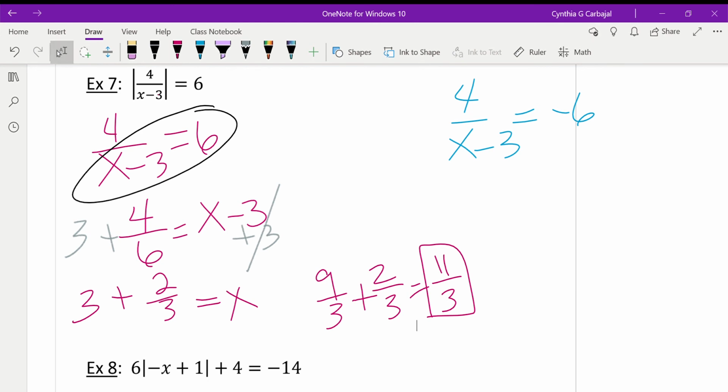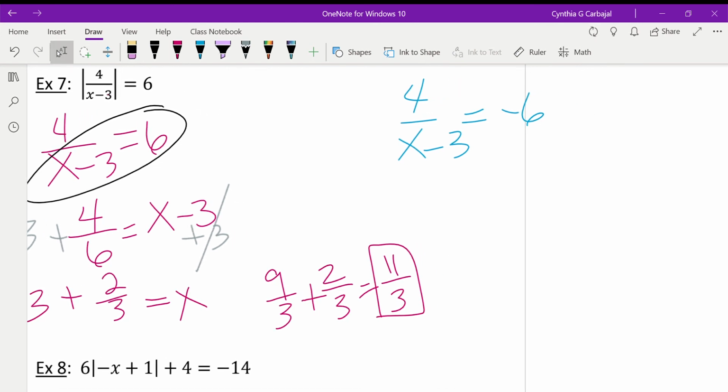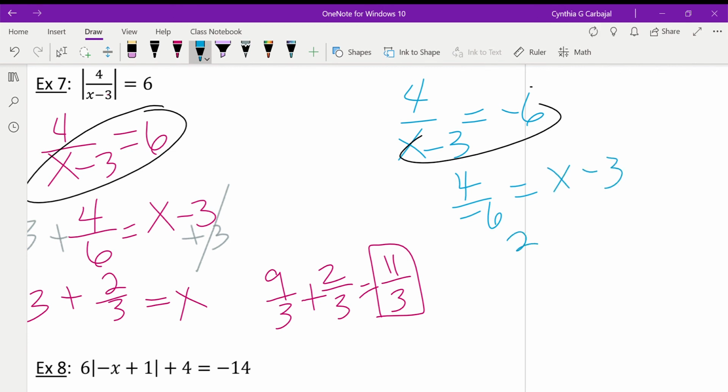Okay, so same thing on this right side. Let's switch the denominator with what's equal to, so that's going to be 4 over negative 6 equals x minus 3. It's already simplified: the 4 over negative 6 changes to negative 2/3.